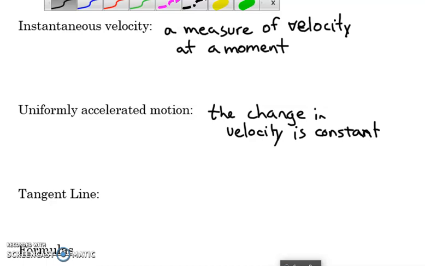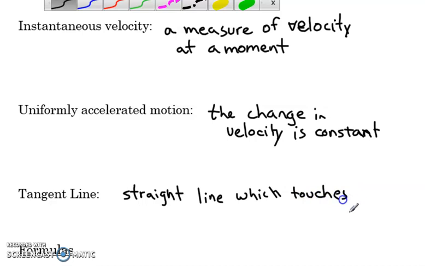Now, just a quick geometric term. A tangent line is simply a straight line which touches a curve at one point.